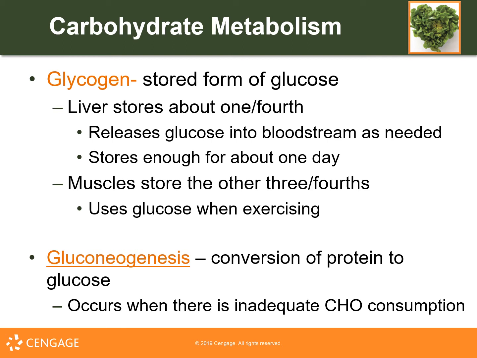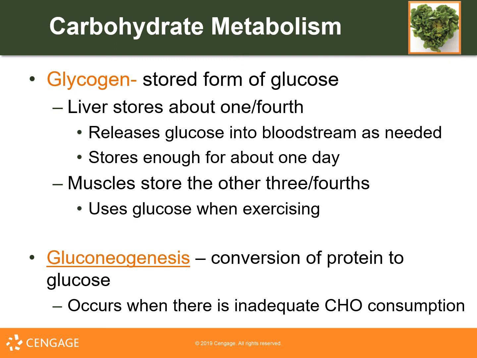Gluconeogenesis is the conversion of protein to glucose. It occurs when there is inadequate carbohydrate consumption. This occurs when the glycogen stores are depleted and the body needs to create new glucose. Recall that glucose is the preferred fuel source for your brain, nerve cells, and red blood cells.